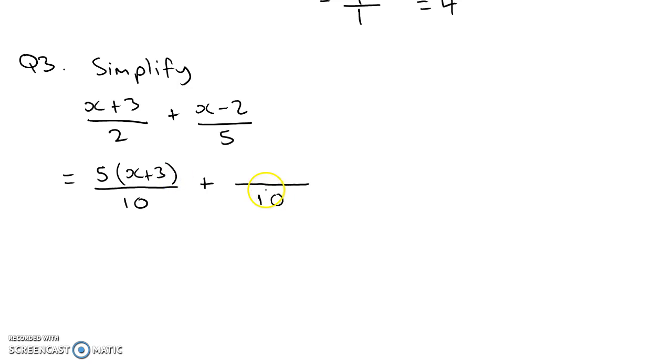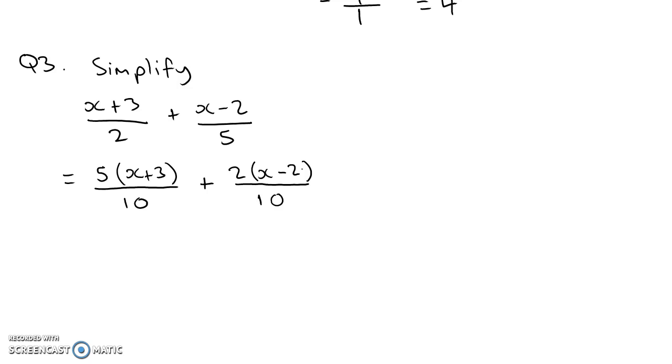In the same way, what have we multiplied 5 by to turn it into 10? We've multiplied it by 2. So that means we need to multiply the numerator by 2 as well. So we can multiply that whole term, x minus 2, by 2. Okay, the next step. This is where it's a little bit different to multiplying fractions.